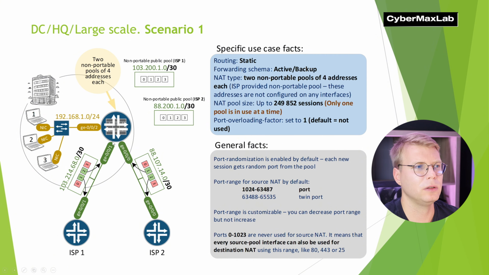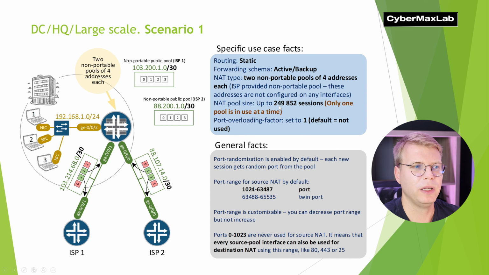So the pool rented from ISP1 can never be advertised to ISP2 and vice versa. For simplicity, the forwarding schema for the ISPs is active-backup, when all the traffic is going to one ISP under healthy circumstances and fails over to the secondary ISP only if the primary ISP goes down.